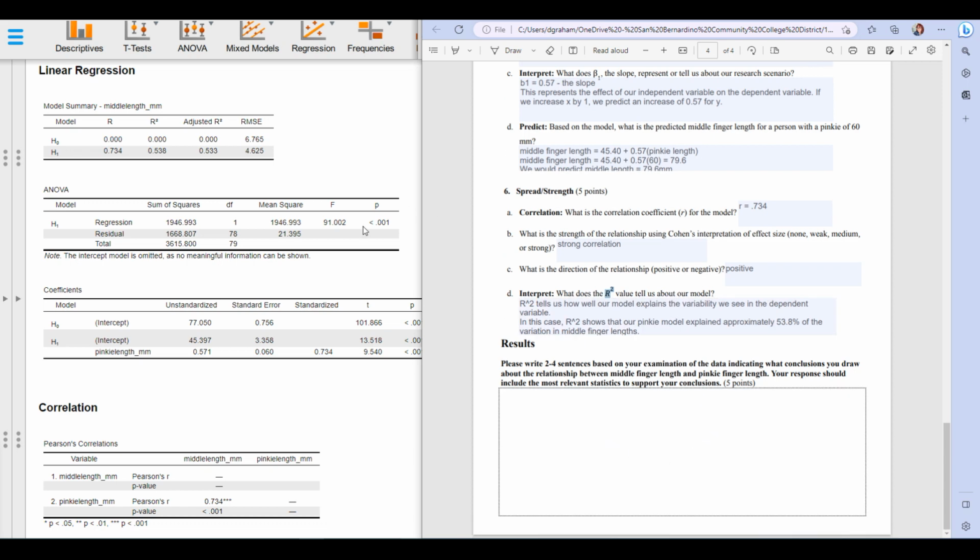So at this point, I could do a basic reporting of what I see in my model here. Right?